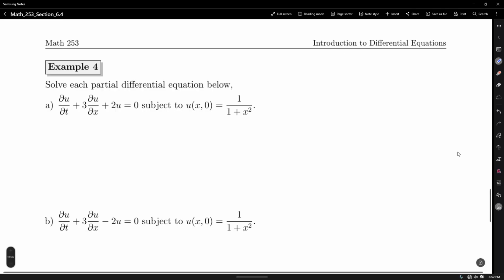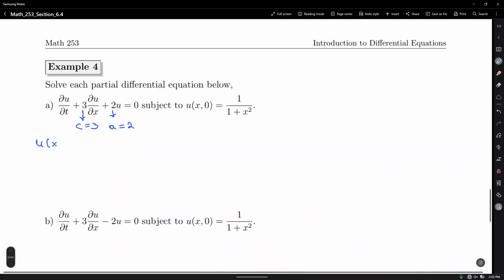But what I want to do here is really show you the behavior of these solutions to the equation. Okay, so number one, here identify c equals 3 and a equals 2.